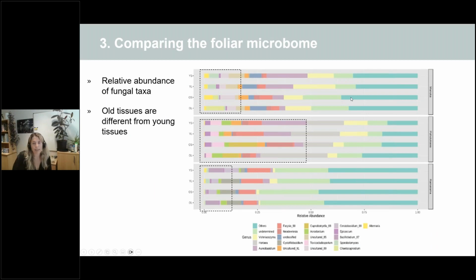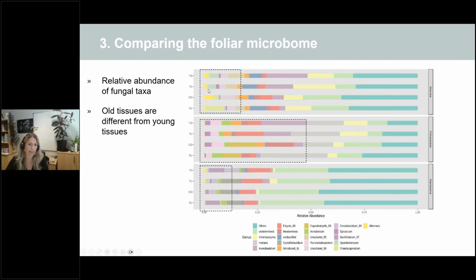We then also compared the foliar microbiome across young and old tissues. So we had, I don't know if you can see this, quite small, but young stem and young leaf as the top 2 bars, then old stem and old leaf as the bottom 2 bars for each of the panels, which are mānuka, pōhutakawa and ramarama.